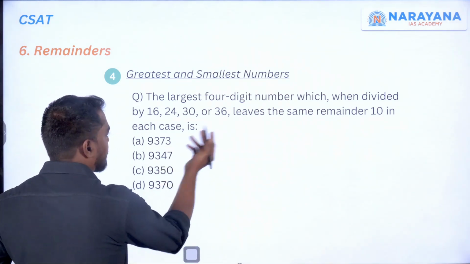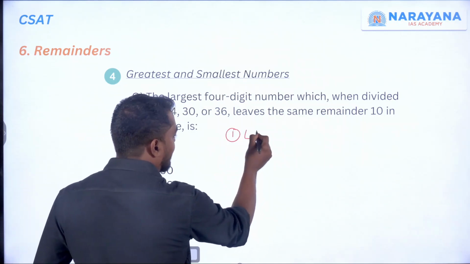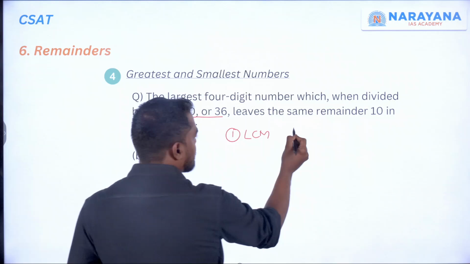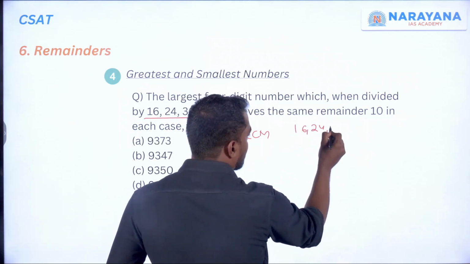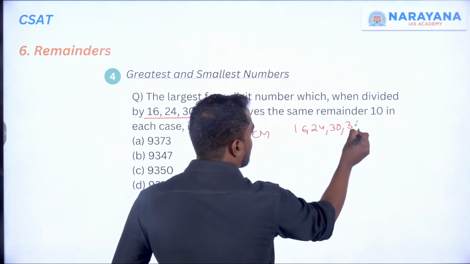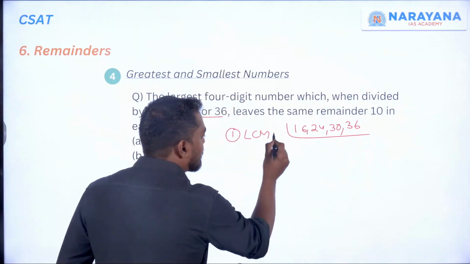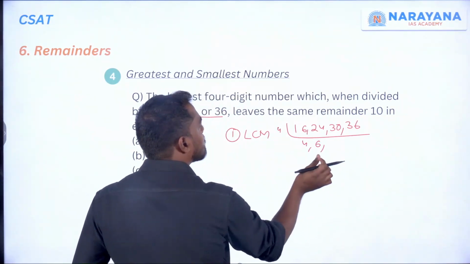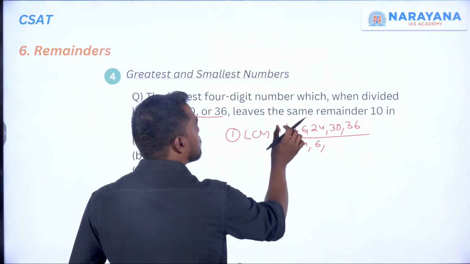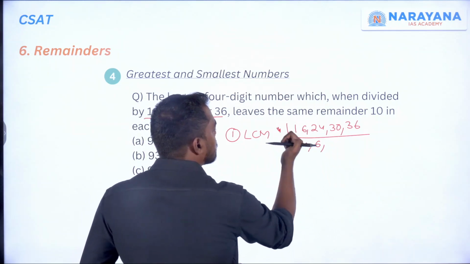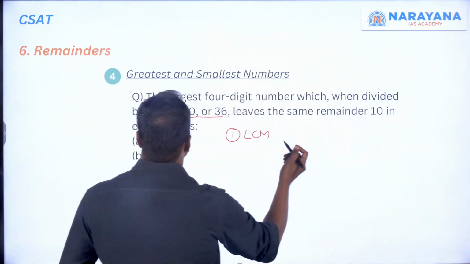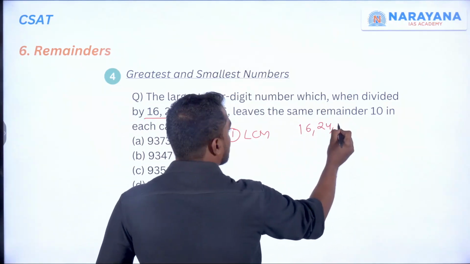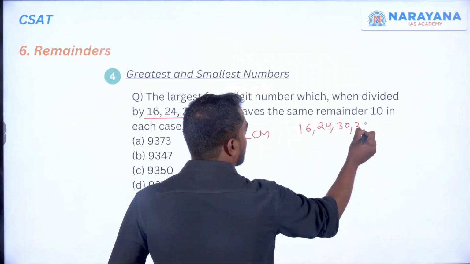Okay, how to solve this one? You know, the first step is to find the LCM. 16, 24, 30, 36. If you put 4, 4 4s are 16, 4 6s are 24, sorry. So 16, 24, 30, 36.